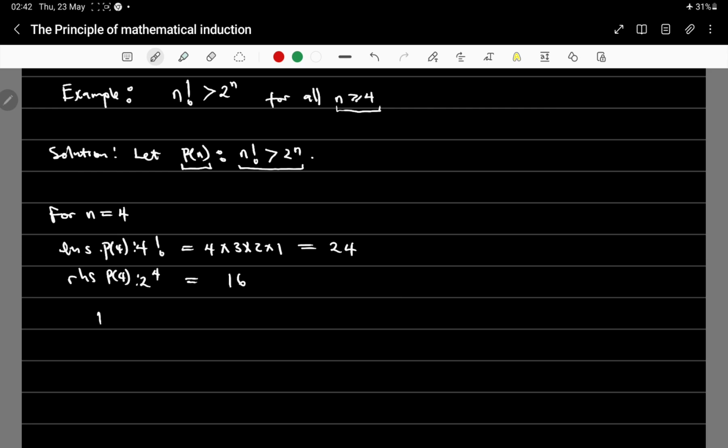Since you can see that 24 is greater than 16, therefore P4 holds, sorry, I'm fond of doing the P1s, for n equals 4.